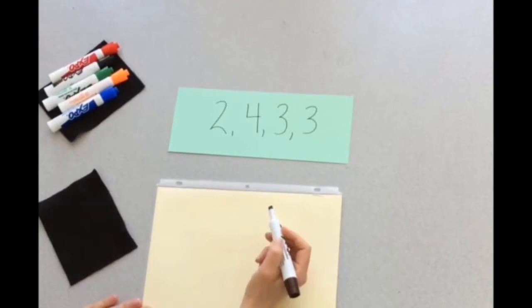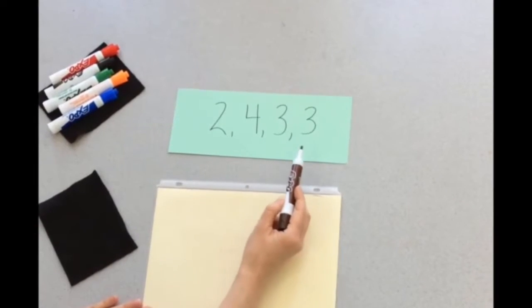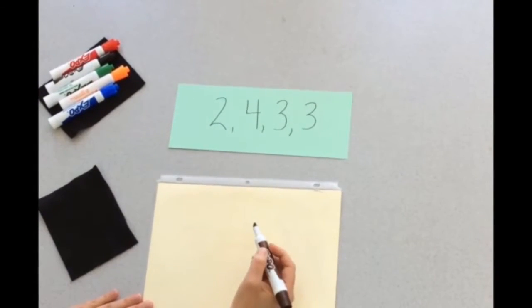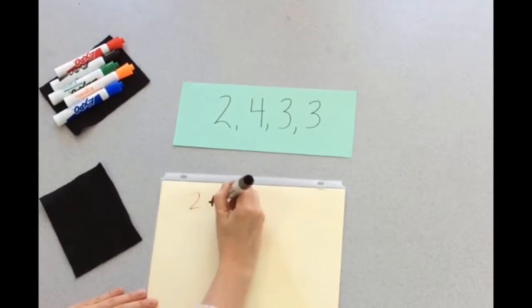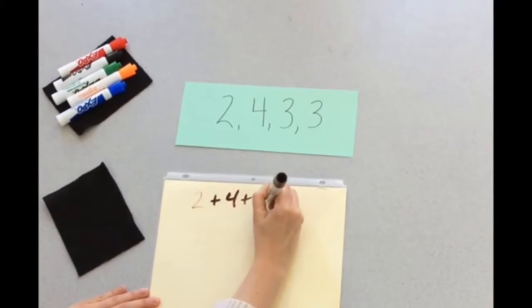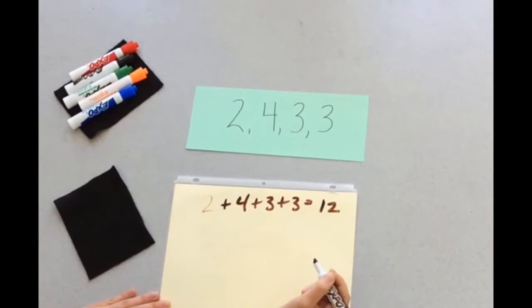Let's see how you did. The numbers in our data set were 2, 4, 3, and 3. If we add them all up and find the sum of the numbers, the answer is 12.